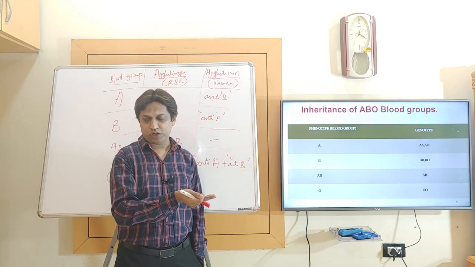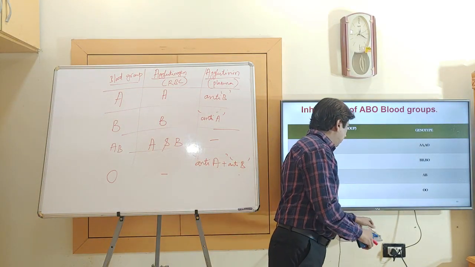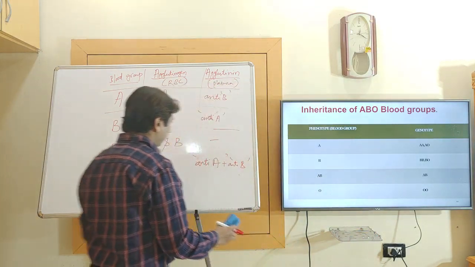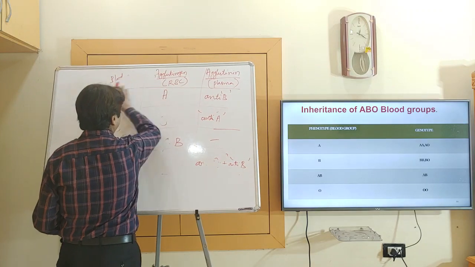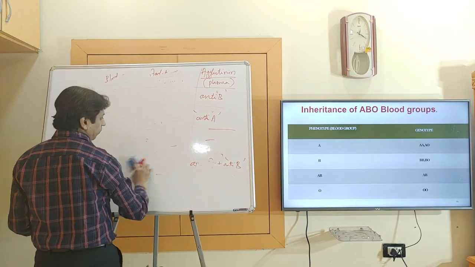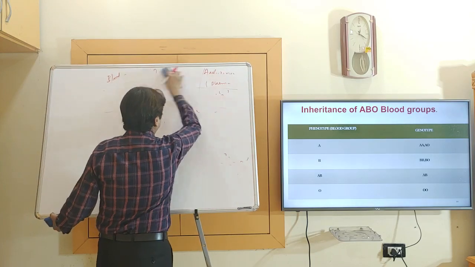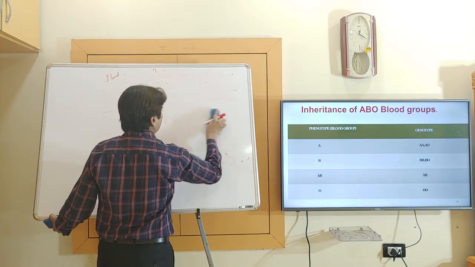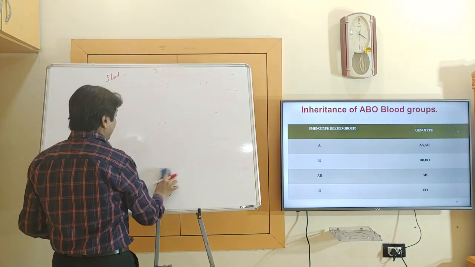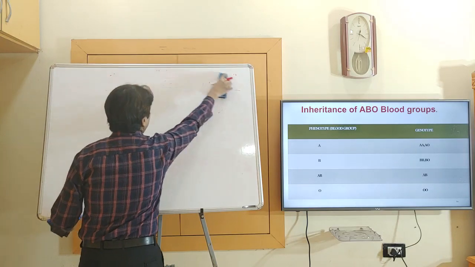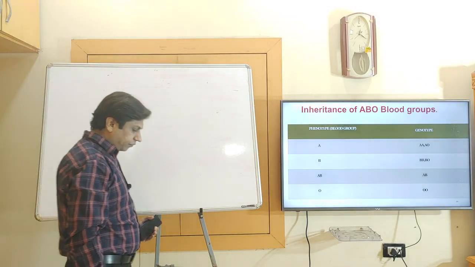To understand this, we need to know certain basics of genotypes and phenotypes and the genes related to the inheritance of this system. Basically, these blood groups are inherited by the offspring as Mendelian dominant.